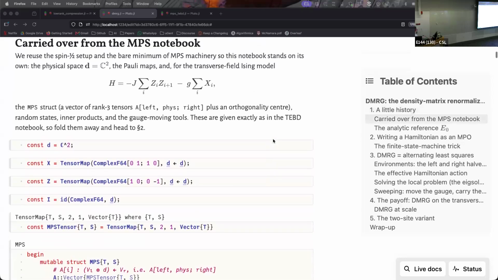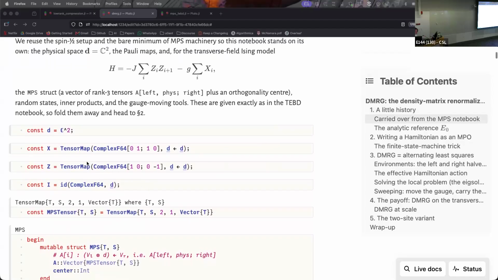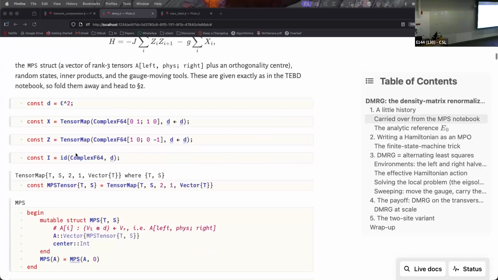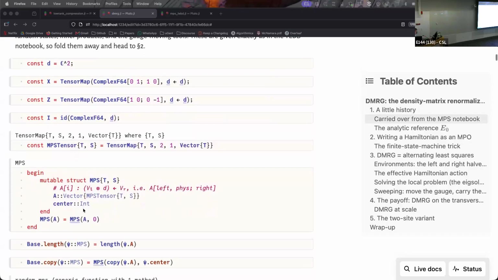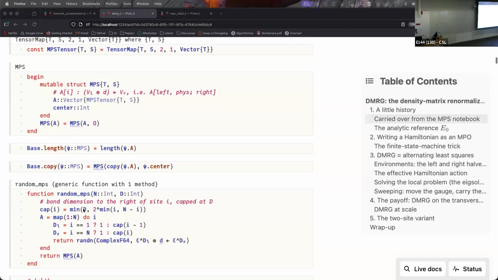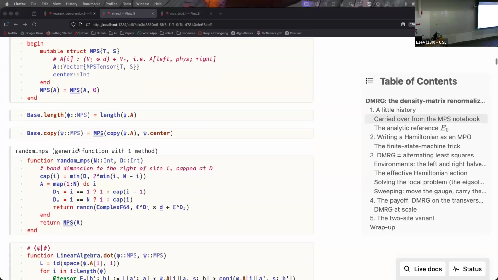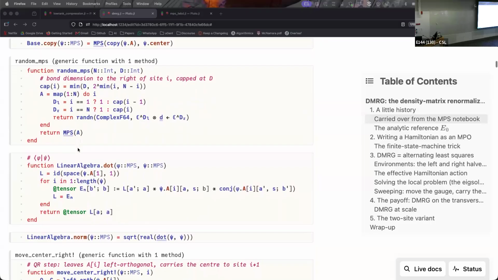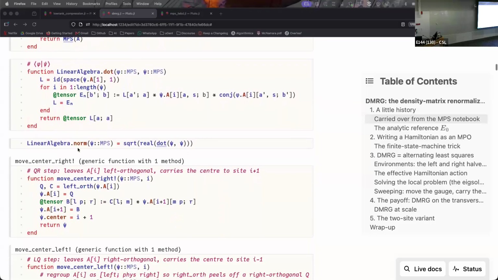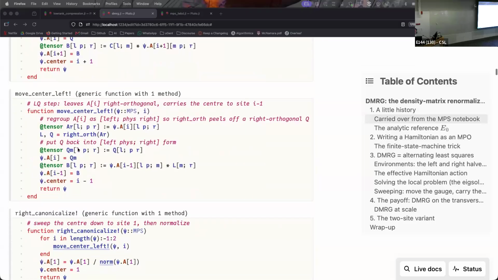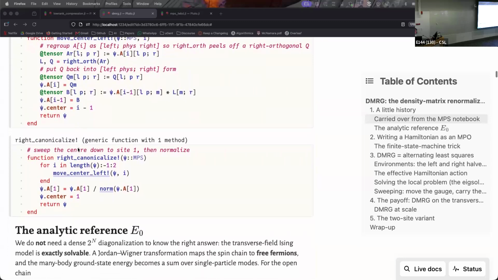Right. Because it's a new notebook, I will copy over a bunch of stuff from the old notebook, just so we don't have to deal with that again. So we have a local dimension, we have the operators we need for defining the Hamiltonian. We have an MPS, which is just a vector of MPS tensors, a number of utility functions for working with this MPS, and then finally a number of utility functions to work with the gauge of the MPS.